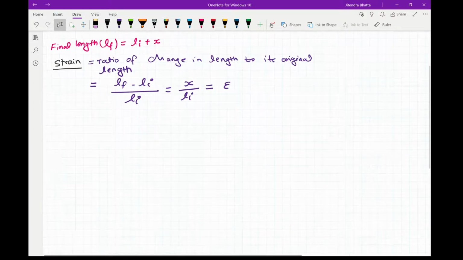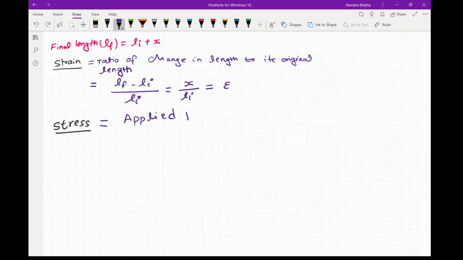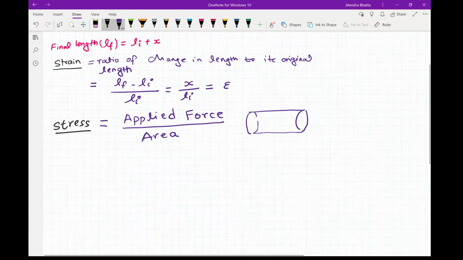Another term is stress. Stress is defined as applied force divided by area. For example, let's say the rod above has this kind of section and we apply force F here and the area be A. Then our stress, which is generally denoted by sigma, will be equal to force divided by area.